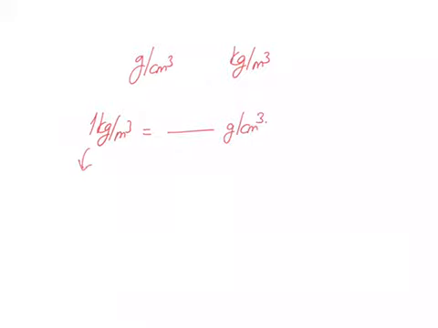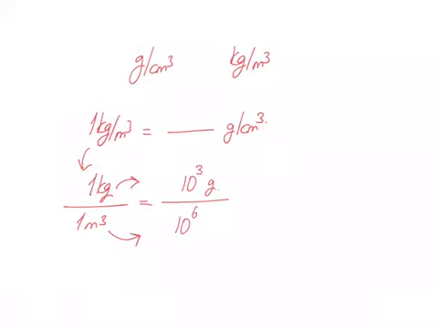So again, I'm going to think 1 kilogram per meter cube as 1 kilogram over 1 meter cube, and convert kilogram into gram and meter cube into centimeter cube separately. 1 kilogram is equal to 10 to the power 3 gram. 1 meter cube is equal to 10 to the power 6 centimeter cube.